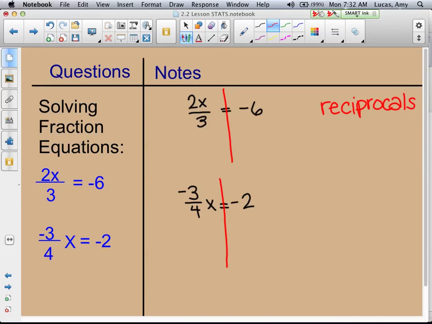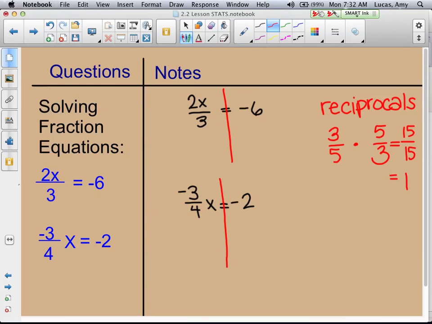So reciprocals, like the reciprocal of 3/5 is 5/3. And what happens when you multiply reciprocals together, you get the same number in the numerator and the denominator, which would just equal the number 1.